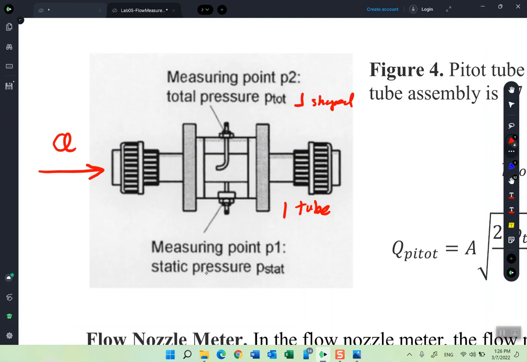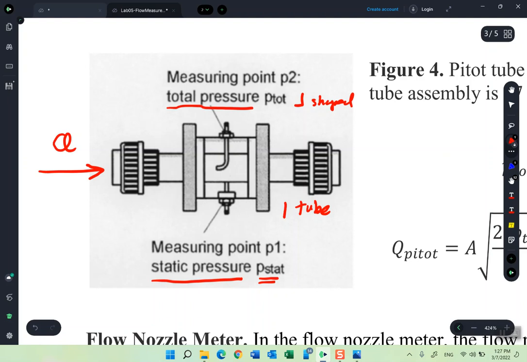The straight tube measures the static component, P over gamma plus Z. If you remember experiment 2, I think Matt did that experiment with you. Originally there are three types of pressure. We have the total pressure, the static pressure, and the dynamic pressure. Do you remember that? The straight tube only measures the static pressure, while the L-shaped tube measures the total pressure.